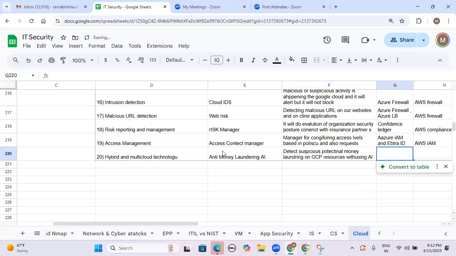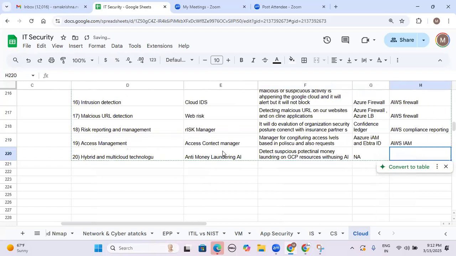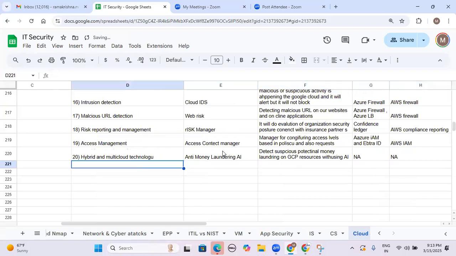So unfortunately, this one did not identify or did not develop. Our Azure side, it's not applicable. And also Amazon side also is not applicable. Okay, let's see whether they will implement this particular feature in the future.